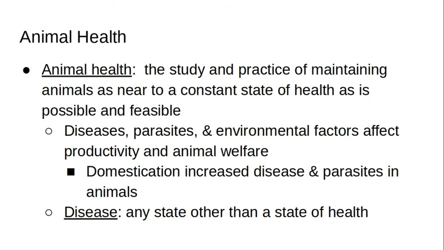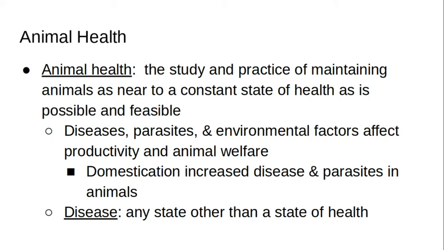Next category is animal health. Animal health is the study and practice of maintaining animals as near to a constant state of health as is possible and even feasible. Diseases, parasites, and environmental factors affect productivity and animal welfare.